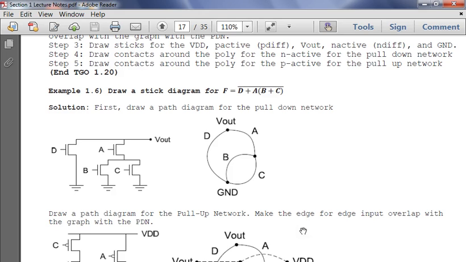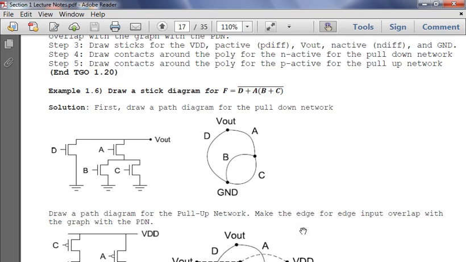So that's a path. Same thing, here's a path. Then it has to go through B or C, and then through A, right? So it's A and B or C. So this has to be satisfied, and then this has to be satisfied. And that's how you create the path diagram.